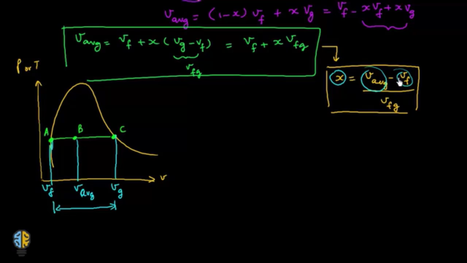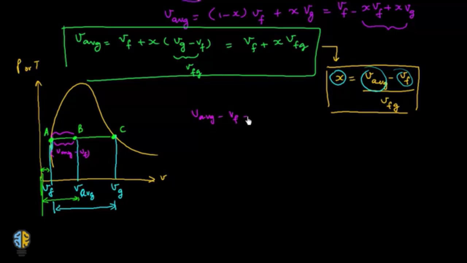So from origin, this is V average and this is Vf. So this line is giving me the value for V average minus Vf.